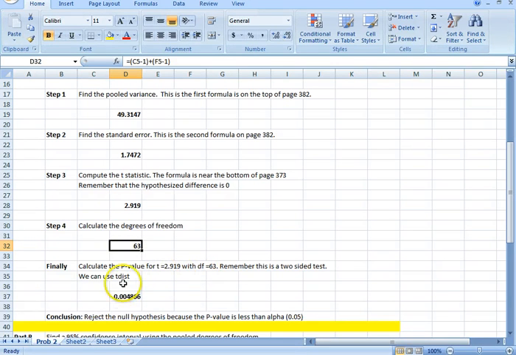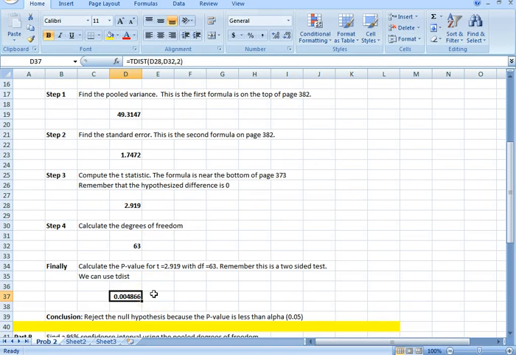And for this, I'm going to use our T.DIST formula. As you see here, it calls for D28, and D28 is our t-stat, comma, D32, our degrees of freedom, comma, 2. This is a two-sided test, so we put that in there.